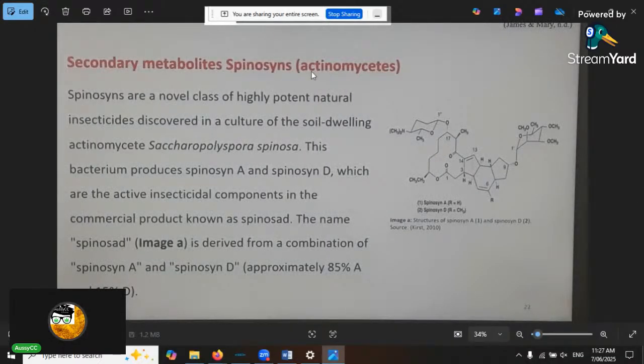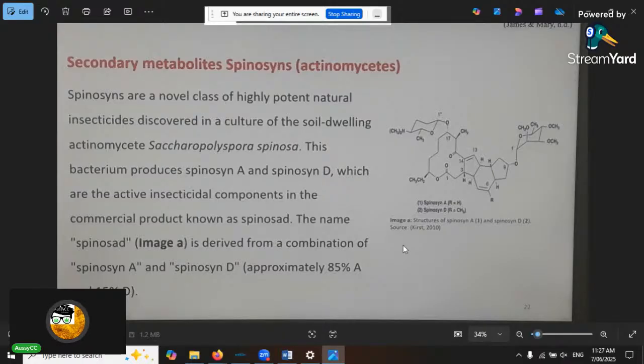secondary metabolite spinosins. Spinosad. It's a really, really excellent way to get rid of thrips. It's very hard to produce things to get rid of thrips or worms, where those two things just eat it up. And spinosad comes from the gut of Saccharopolyspora spinosa.